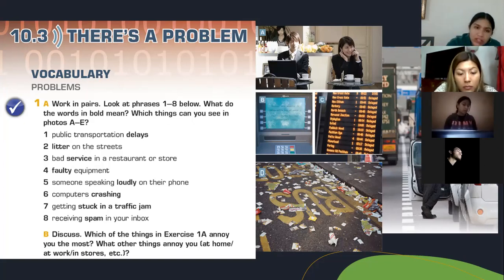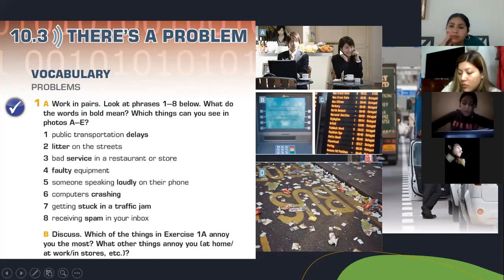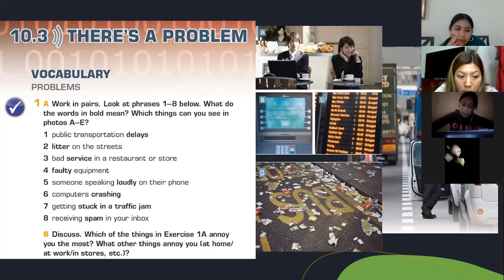Okay, so let's find the problems in the pictures we have in here. So tell me, guys, for the picture 1, what do you think is the problem? For the picture A, what do you think is the problem?